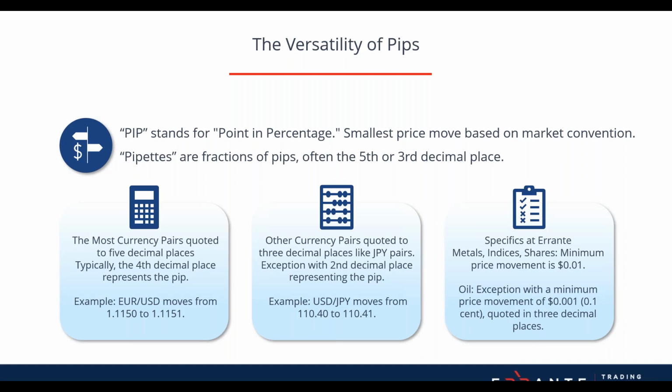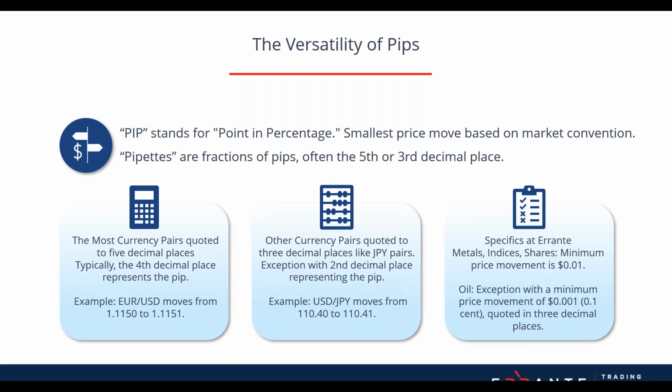For example, in the Euro USD pair, a 1 pip movement would be a change from 1.1150 to 1.1151. However, it's important to know that pips can vary. For major currency pairs like Euro USD, GBP USD, and AUD USD, a pip is usually the fourth decimal place in the exchange rate, which equals 0.0001.